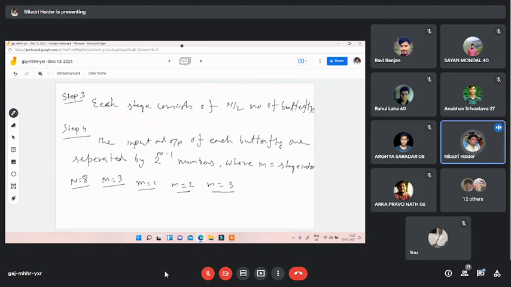That is the total number of stages defined by capital M, and small m defines at which stage you are. Okay. So for stage 1, small m value is 1. So 2 to the power m minus 1 will be 2 to the power 1 minus 1, that is 1.